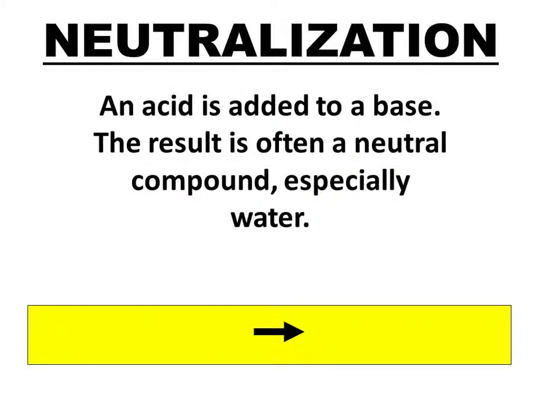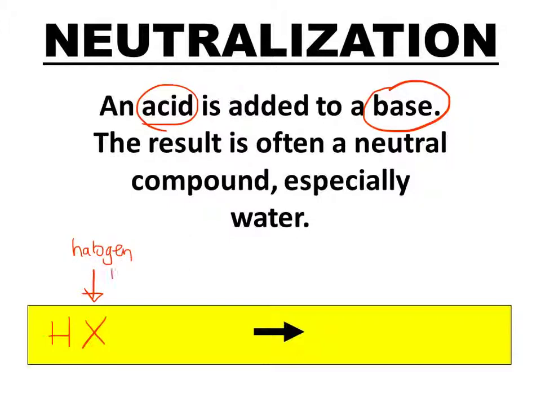Now, our fifth type is a neutralization. And with a neutralization, you always have an acid reacting with a base. So let's go ahead and write acid, which is typically HX. X is going to represent a halogen or a polyatomic ion, and it reacts with a base.